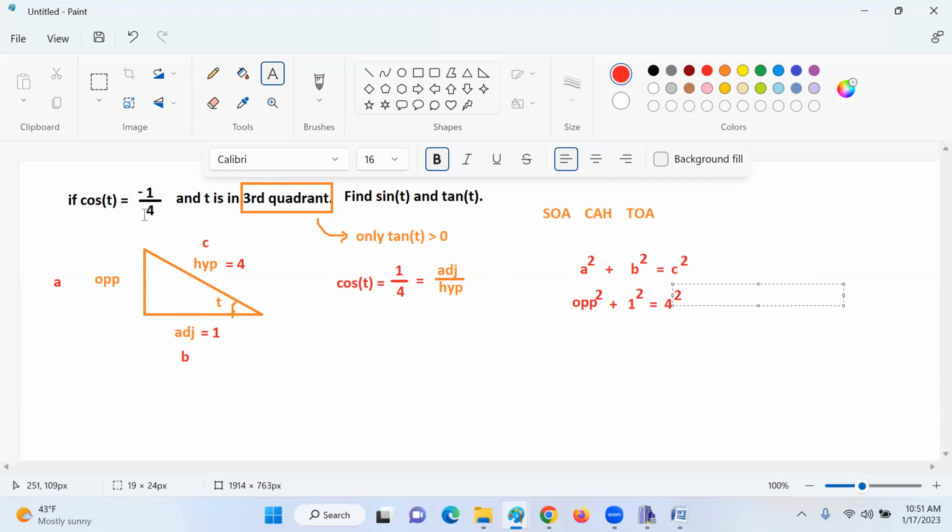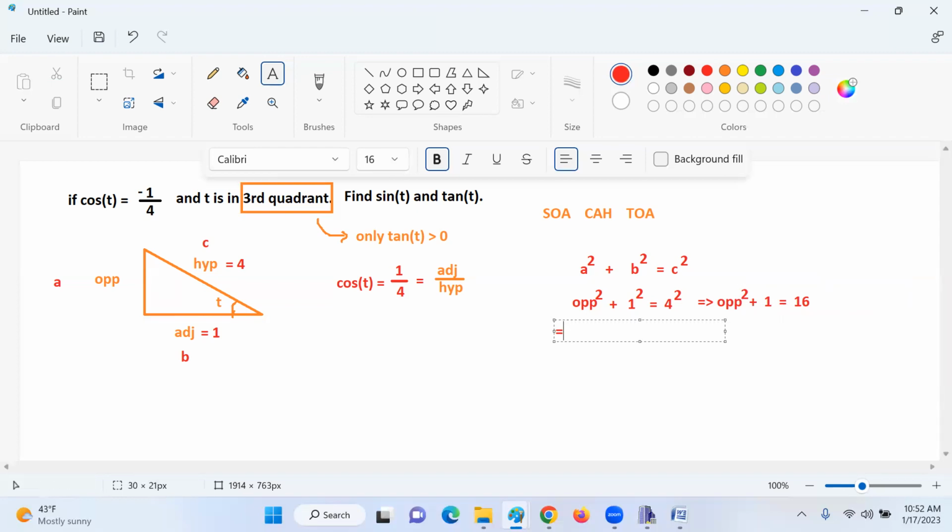If I gave you the sine, you could figure it out. If the opposite is 1, you'd have to figure out the adjacent, which is generally the same thing. Anyhow, we have the opposite squared plus 1 equal to 16.